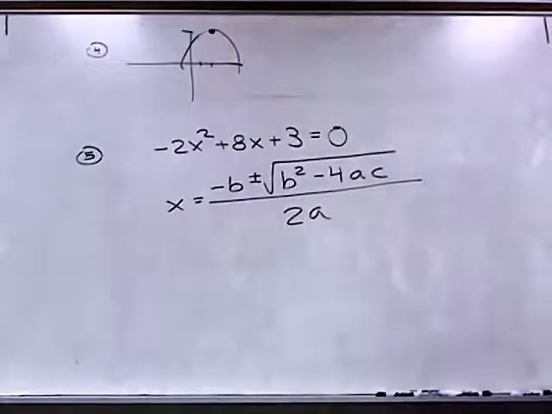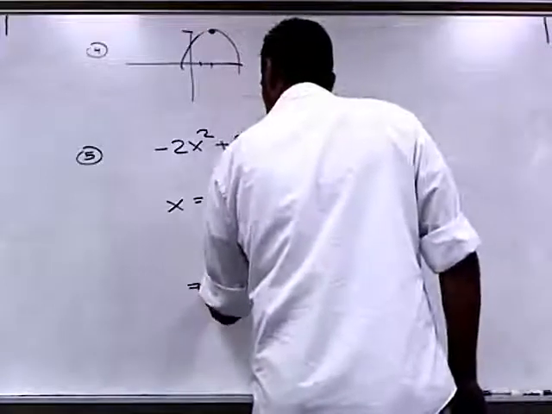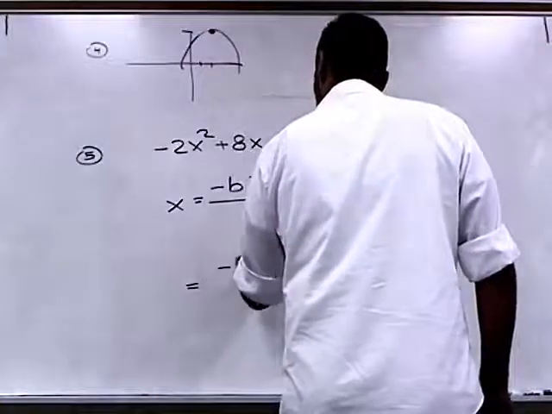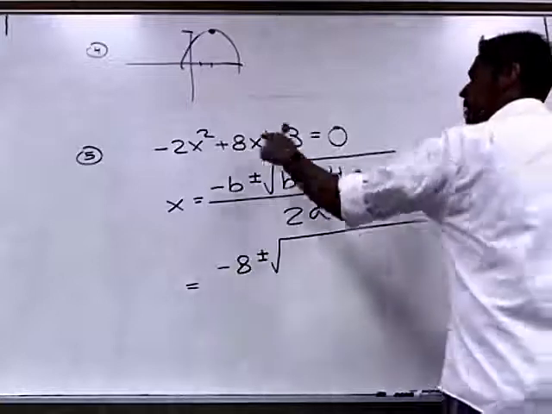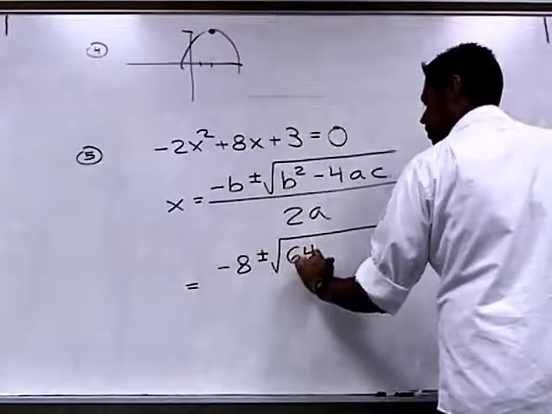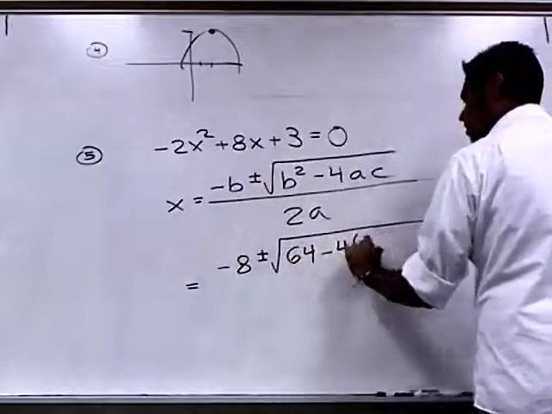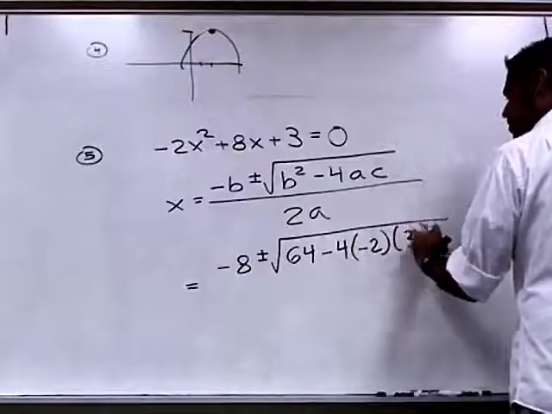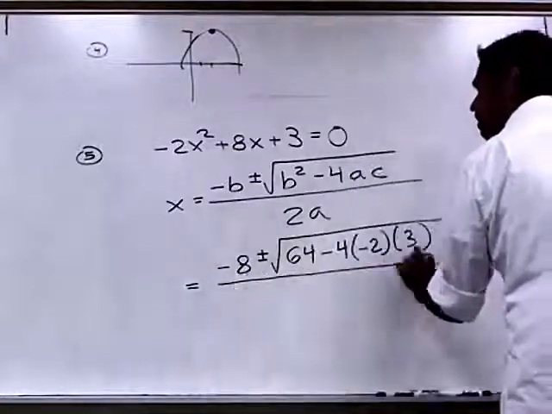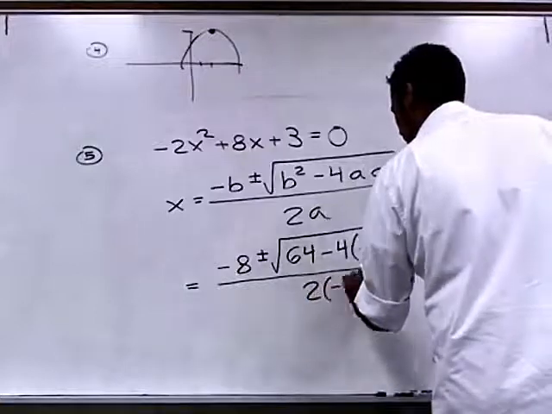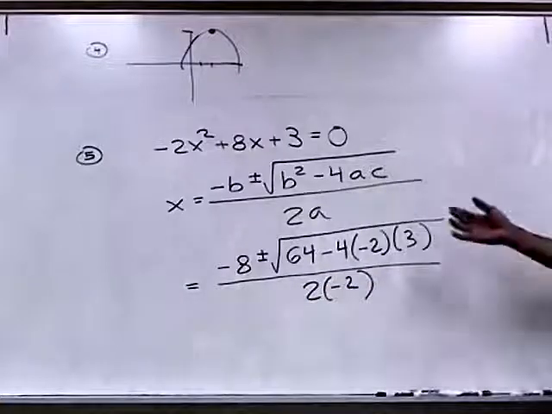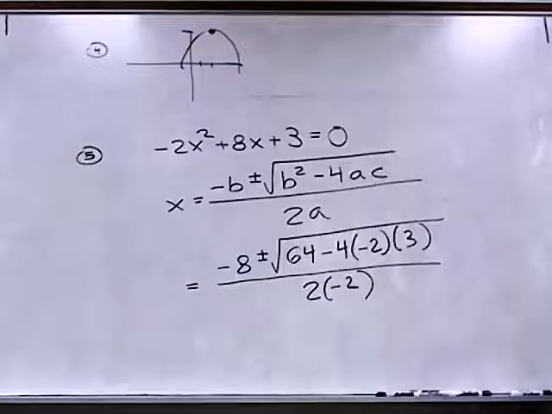So this for us will be negative 8 plus or minus the square root of b squared, 8 squared, that's 64, minus 4 times a, which is negative 2, times c, which is 3, all of that divided by 2 times a, which is negative 2. So you got to be able to plug all this in here and get an answer. I'm not going to go through that work.